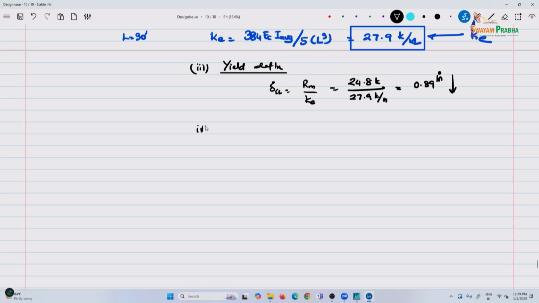Then the mass of the system. Remember, include the weight of the slab plus the weight of the beam, divided by g.